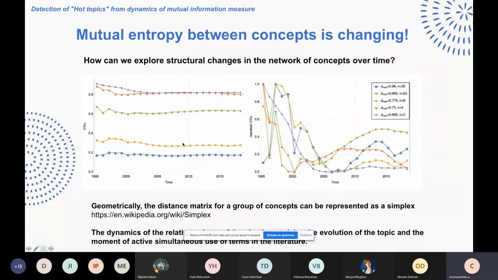If you do not scale them properly, you will see that these volumes are really different, because we have a different number of concepts when we are shrinking this multidimensional hypersphere.